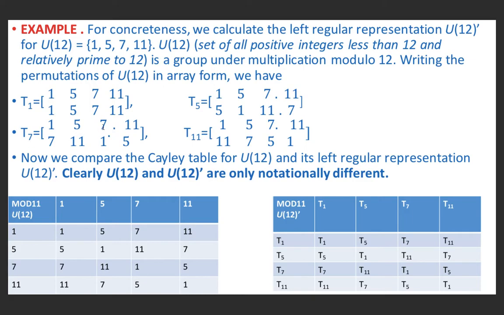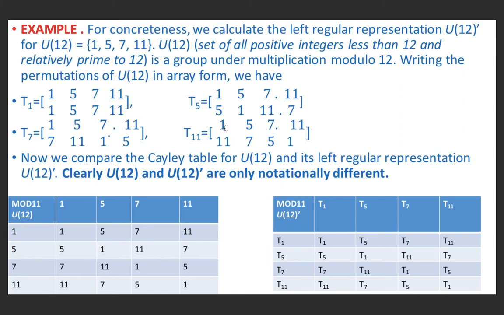Now 7 star 7 is 49, and 12 fours are 48, 49 minus 48 is 1. 7 star 11 means 77; 12 sixes are 72, 77 minus 72 is 5. So the elements of the second row are 7, 11, 1 and 5.